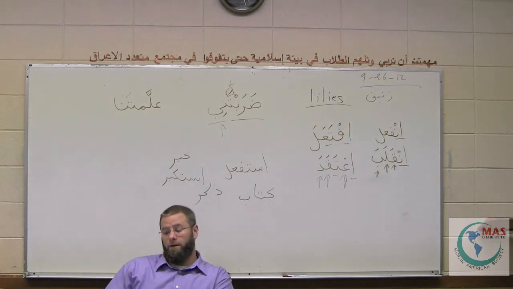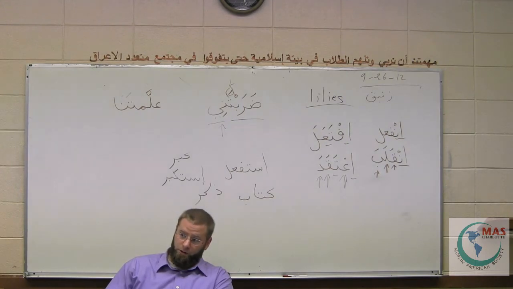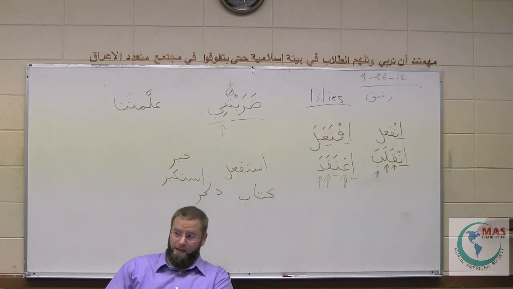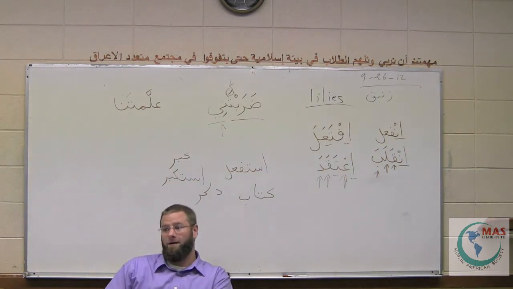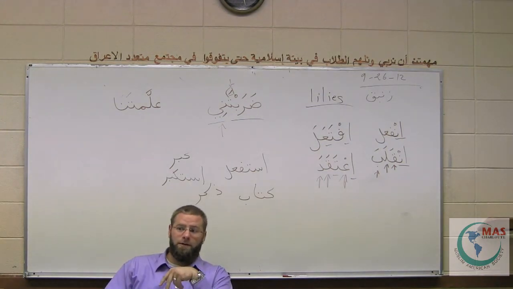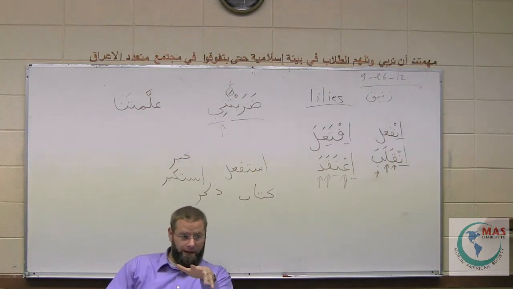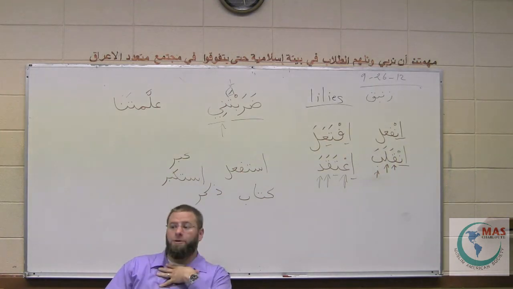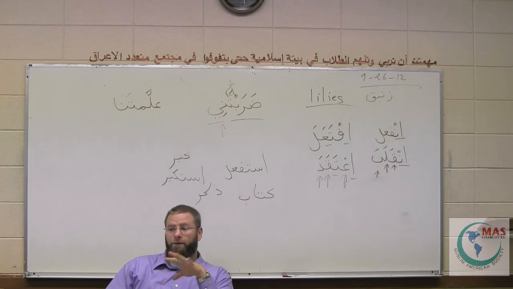Whenever you have muthanna and jamma, it's going to be na, we. Two and more is going to be we in the case of mutakallim. Sharibna, two of us or more than two of us, we drank. Sharibtu, I drank. Feminine, masculine, it makes no difference with these.